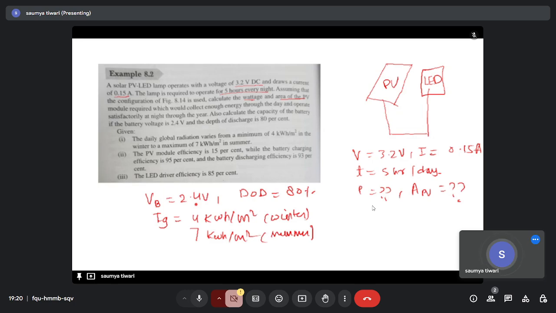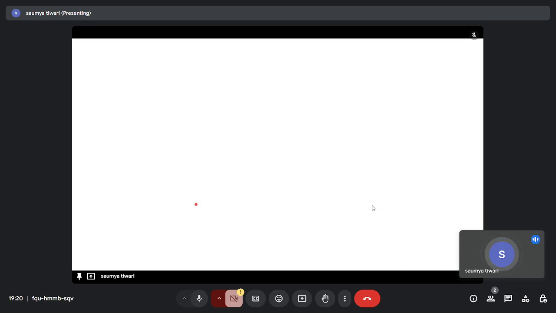Now the PV module efficiency is given, which is 15%. The charging efficiency is given 95%, the discharging efficiency is given 93%, and your LED efficiency is given 85%. Okay, so let's solve this question also.